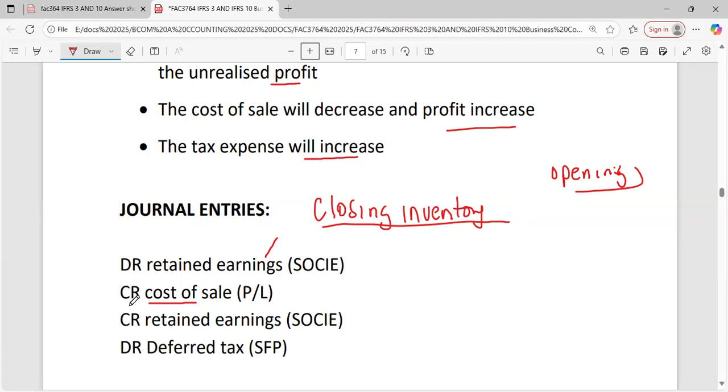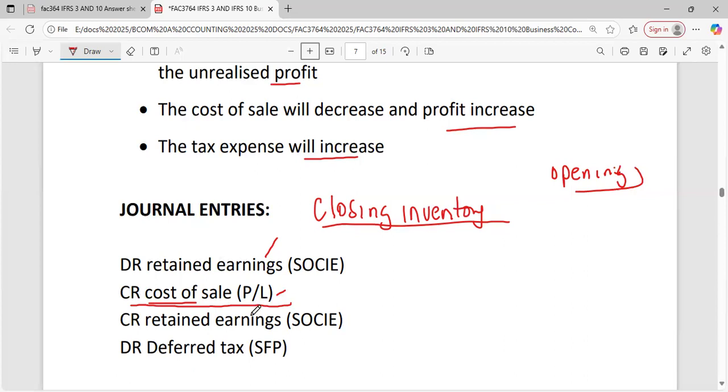That's why we credit cost of sale here, because we assume that that unrealized profit in opening inventory has been realized. When you credit cost of sale, it means you reduce the cost of sale. When you reduce the cost of sale, it means you are going to increase the profit now.